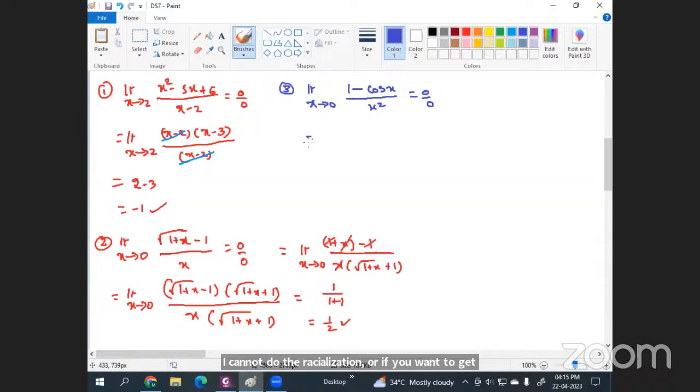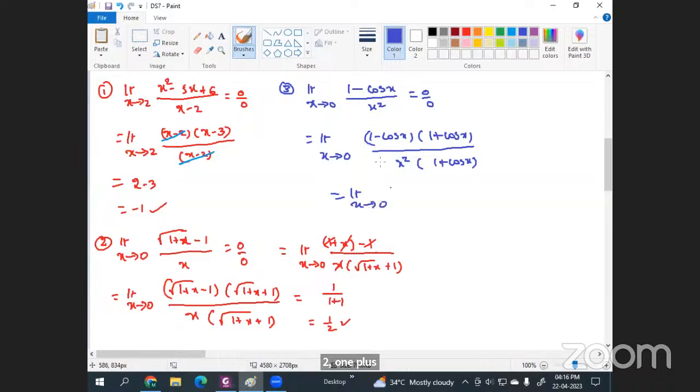So that is limit x tends to 0, 1 minus cos x, multiply and divide with 1 plus cos x, by x square into 1 plus cos x, a plus b into a minus b. So 1 minus cos square x, you will get that. I will write sin square x by x square into 1 by 1 plus cos x.